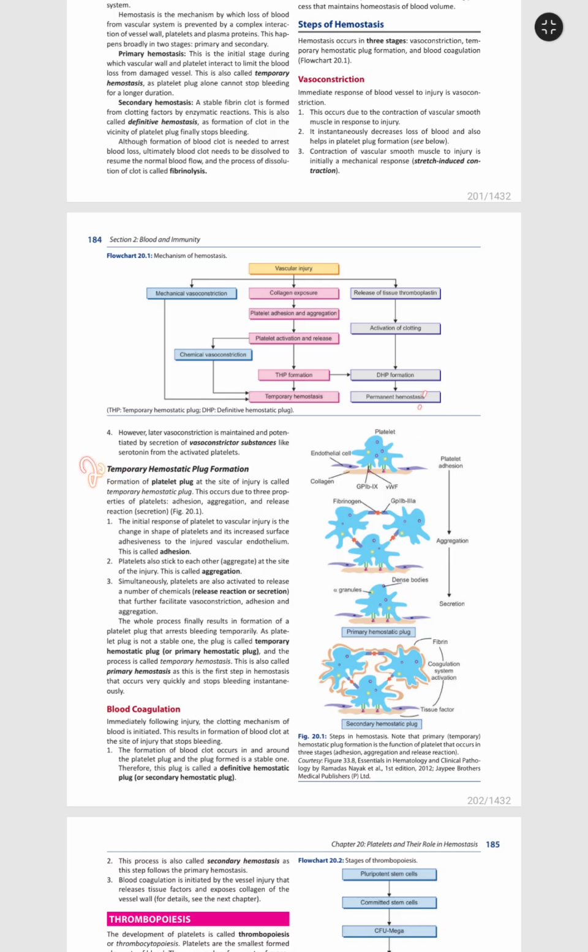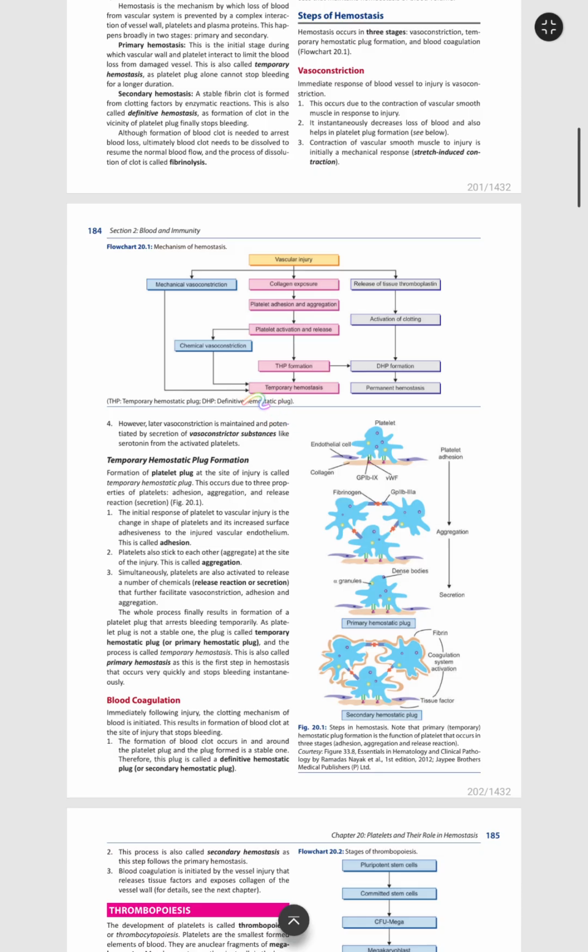Now, the second heading of hemostasis is temporary hemostatic plug formation. Formation of platelet plug at the site of injury is called temporary hemostatic plug. This occurs due to three properties of platelets: adhesion, aggregation, and release reaction.